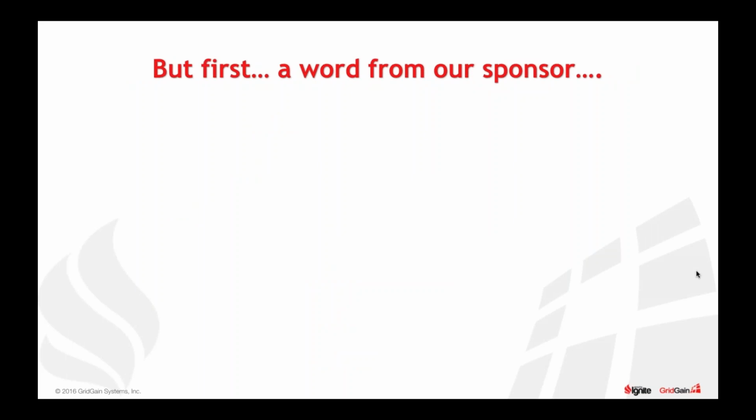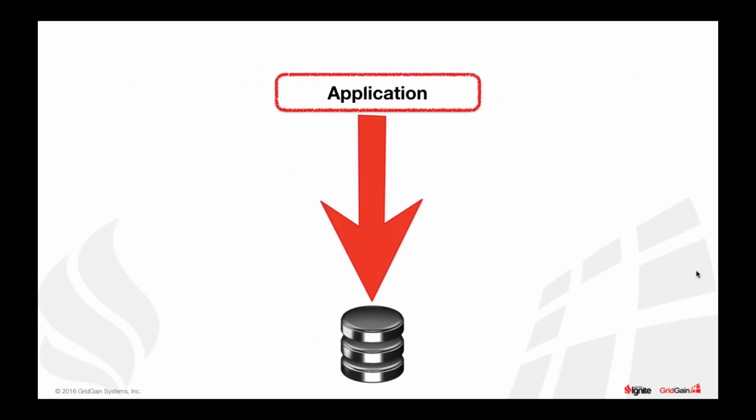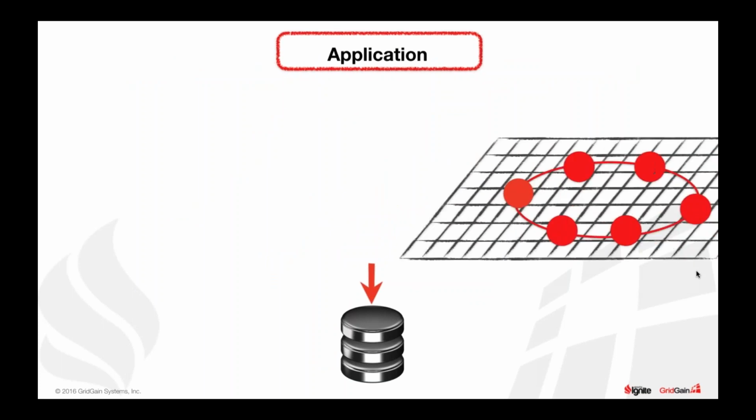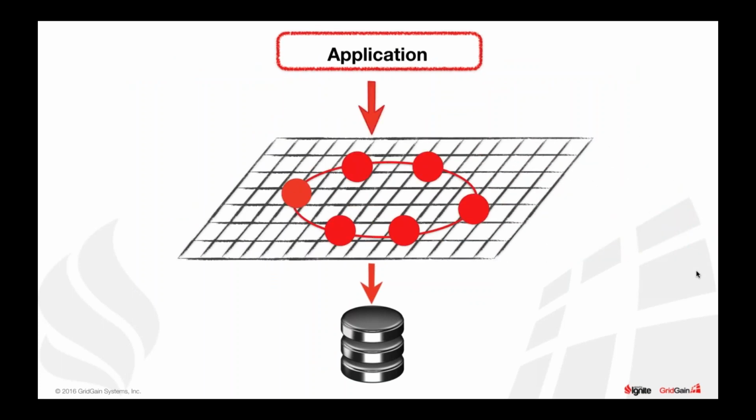First off, a word from our sponsor, Apache Ignite. Apache Ignite is an open source project. It is an in-memory data platform that will allow your application to move into the 21st century.